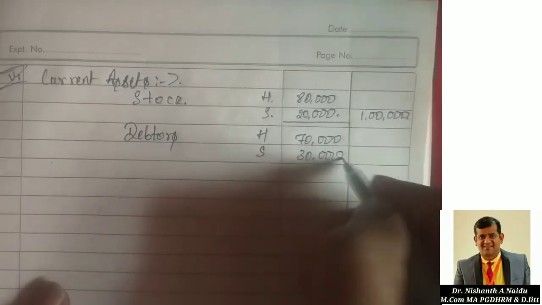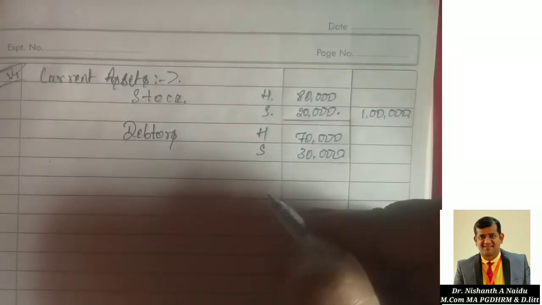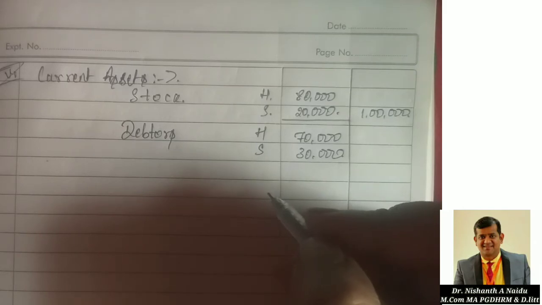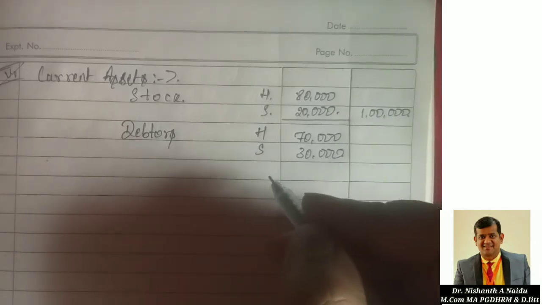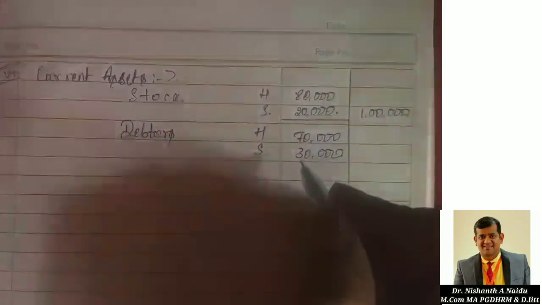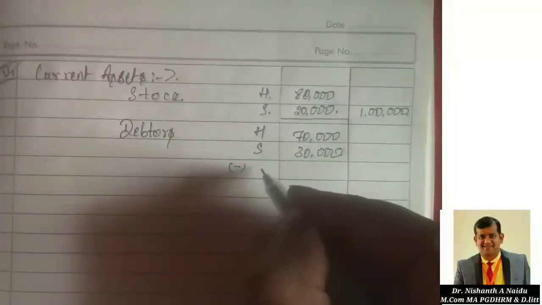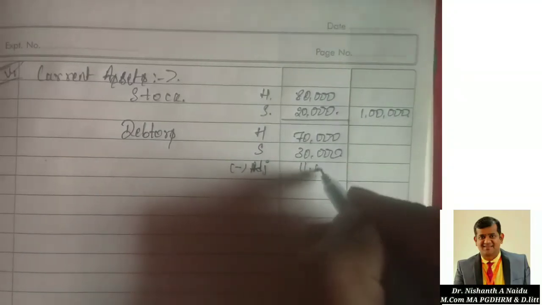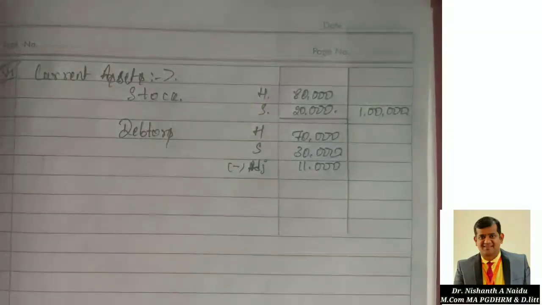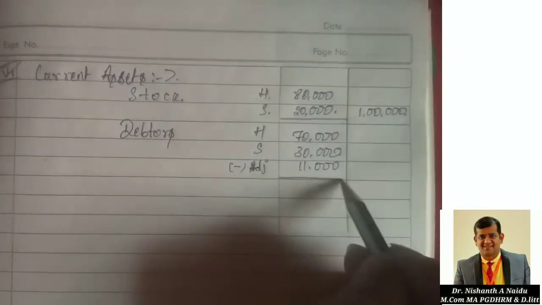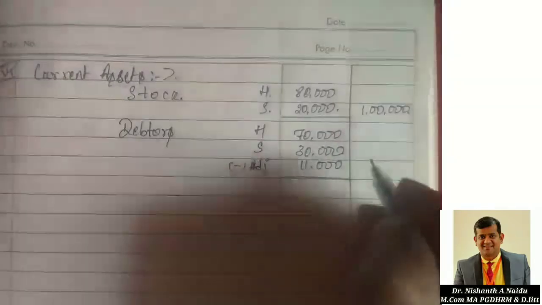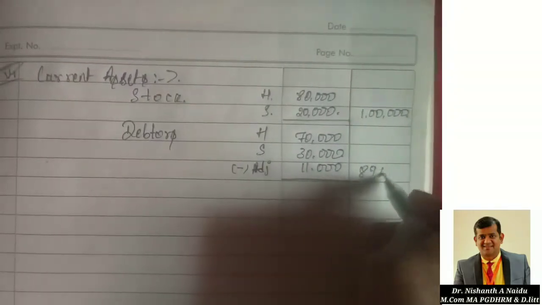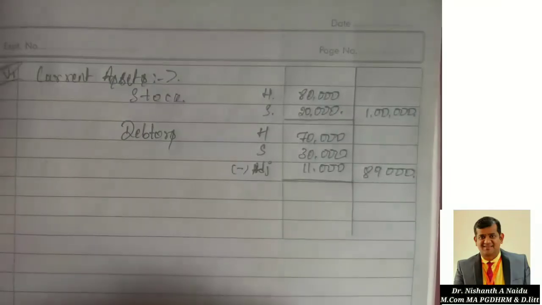But there is an adjustment in C. Debtors of H company includes rupees 11,000 due from S company limited, so that needs to be deducted. So deduct that 11,000 and put the rest of the amount. So 1 lakh minus 11,000 is going to be 89,000 rupees.